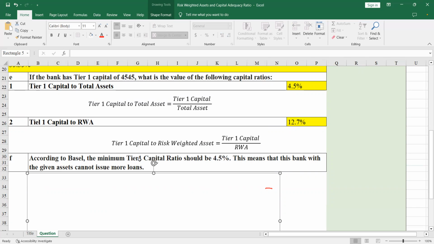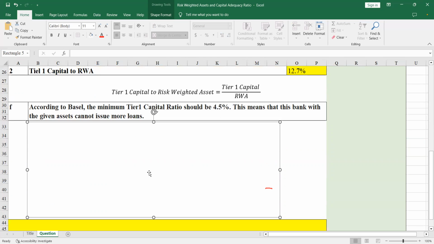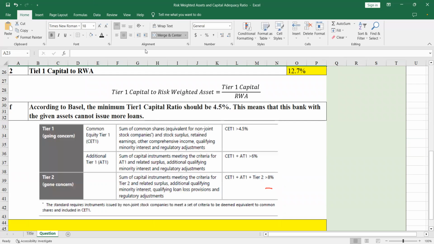So the tier one capital ratio focuses on the risk weighted assets. As given, we know that the common equity tier one ratio should be more than 4.5%. The additional tier one ratio, which is common equity plus additional, should be more than 6%.